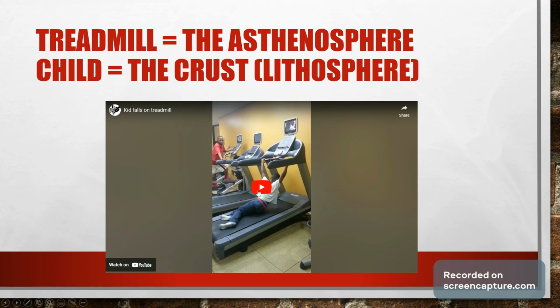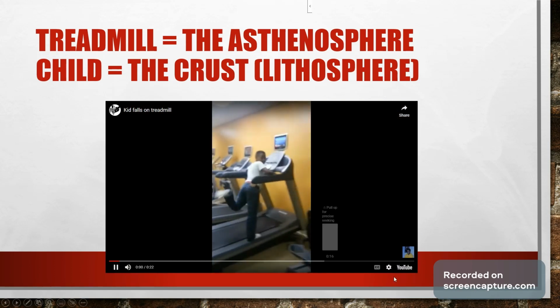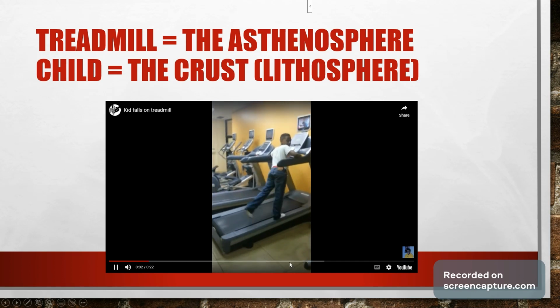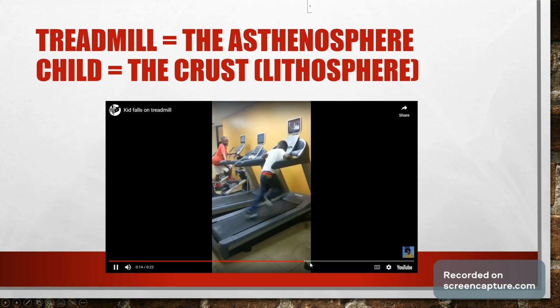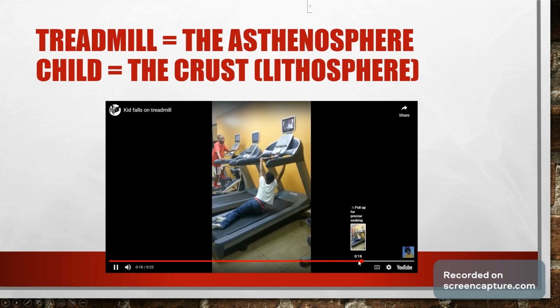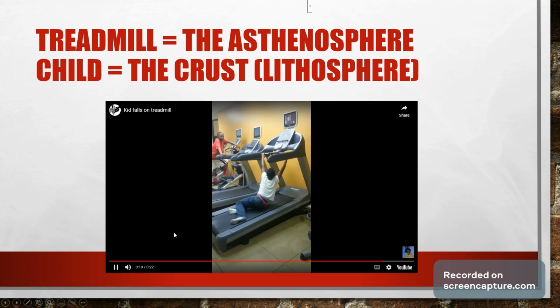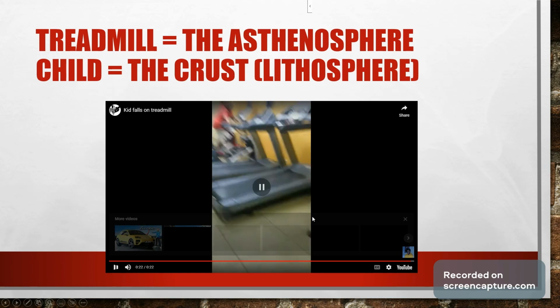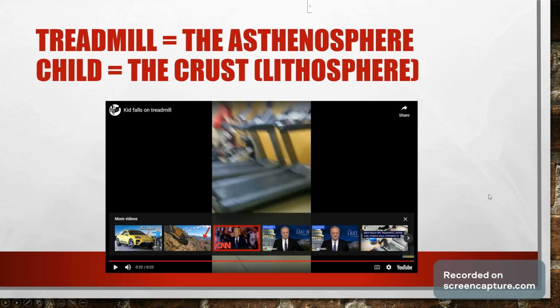So what happens is this child, well, you guys can see right here. So I know that's pretty funny, but it's an accurate description here. The asthenosphere, the treadmill, is spinning in a circle like a convection current, and the crust on top gets pulled along with it, just like this child.